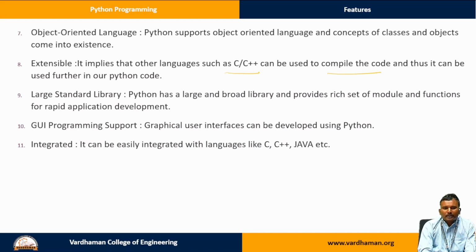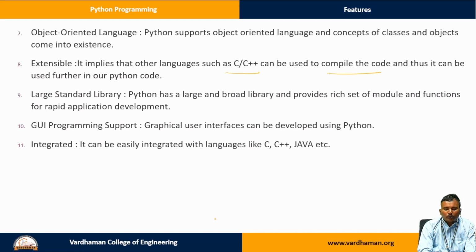And large standard library, so we have many built-in modules; we call libraries modules in Python. You can import a module and use the functionality of those modules. That means whatever functions or objects are available in those modules, we can use them for our purpose, so that we can speed up our application development.